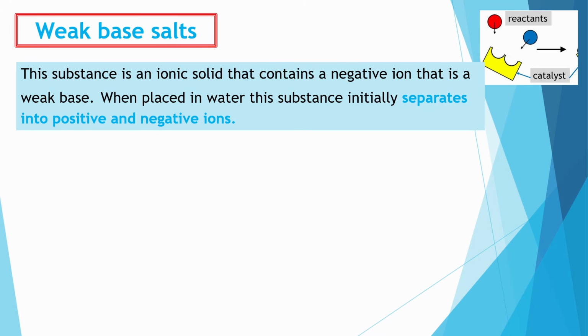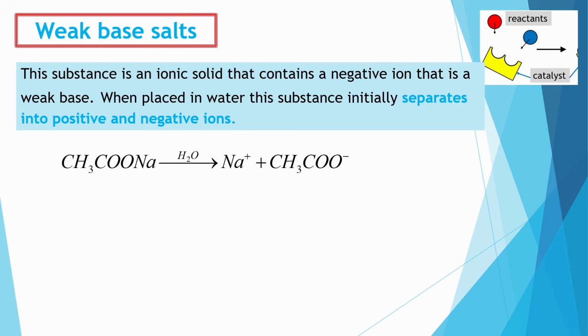Weak base salts. Okay, so we can have weak base salts as well, and that's when we have a negative ion that is a weak base. So an example here is sodium ethanoate, right? In the first instance, it's just like the weak acid salt.